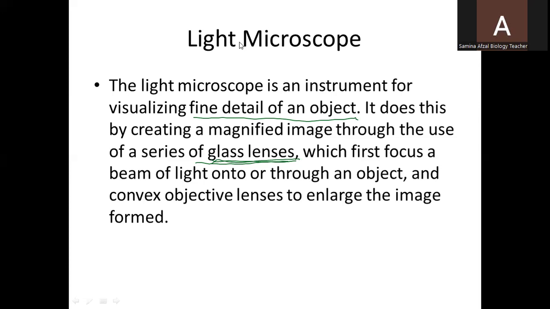It first focuses a beam of light onto or through an object, and a convex lens enlarges the image formed. First of all, there is need of light, and that light will pass through the object, and then it will be focused, and then with the help of a convex lens, it will be magnified and enlarged, and then it will be visible in the eyepiece.